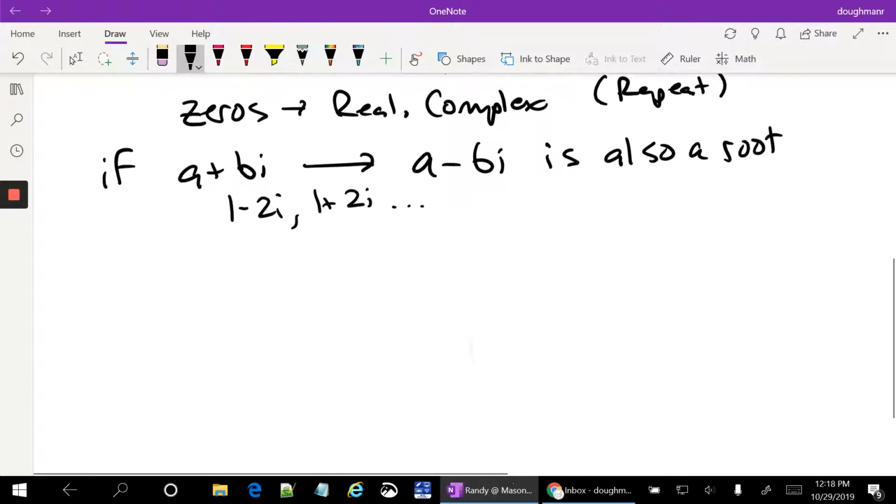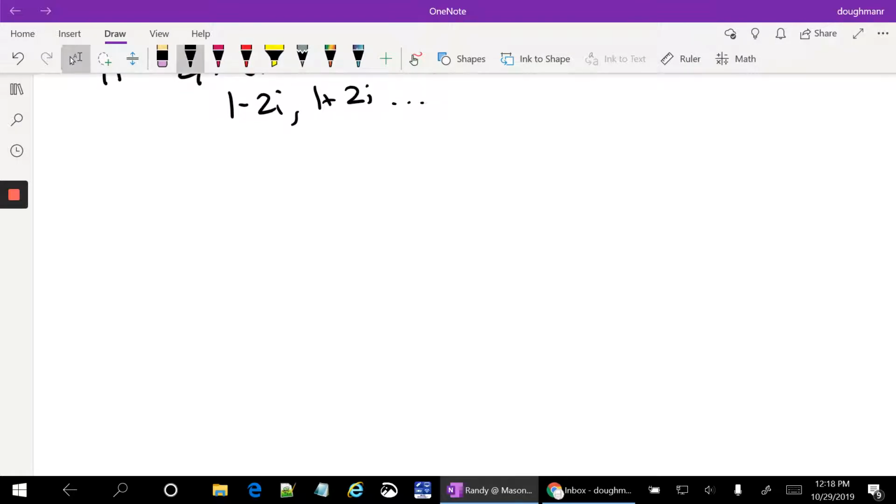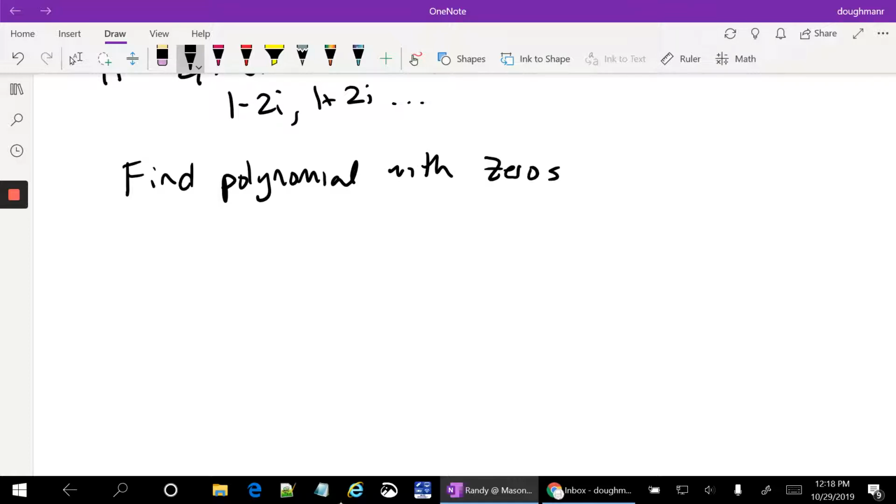And let's do an example of that. So the question says, find the polynomial function with these zeros: -3 and 2 minus i.